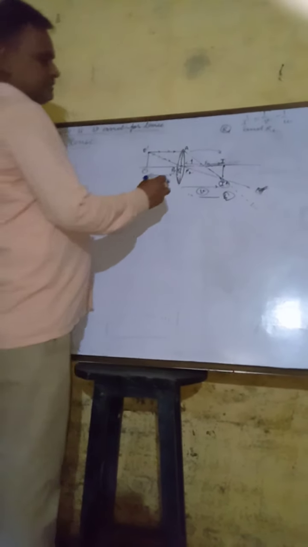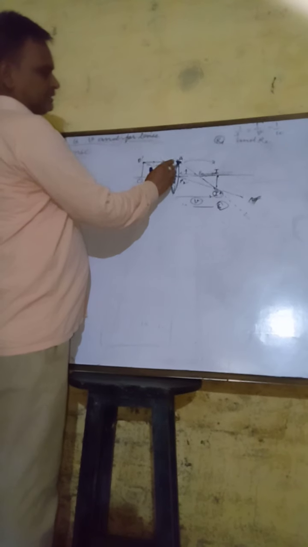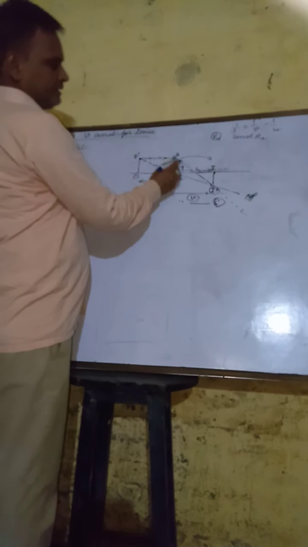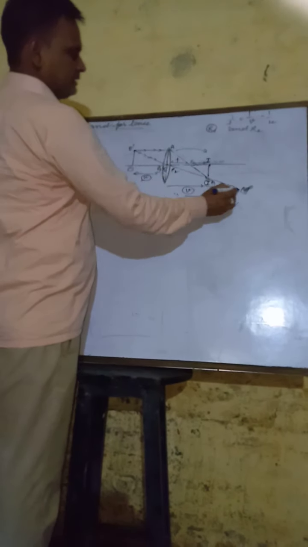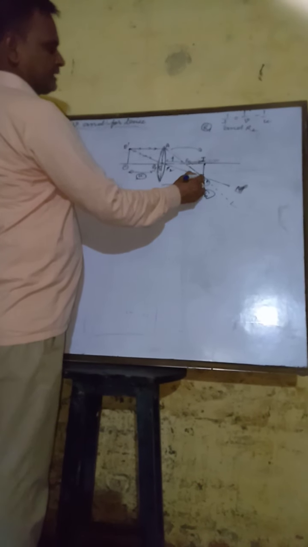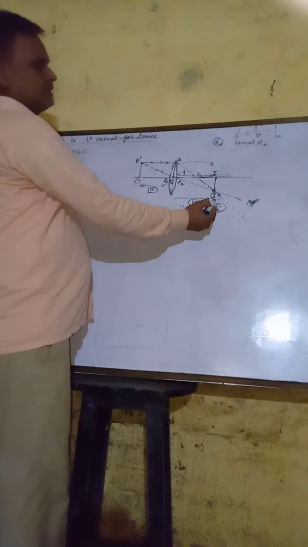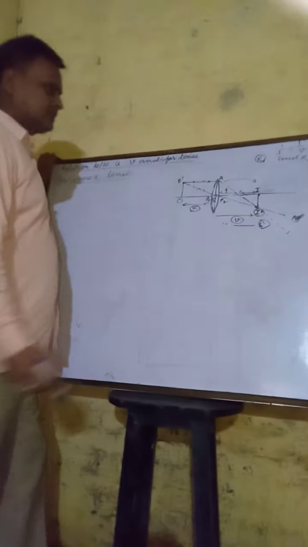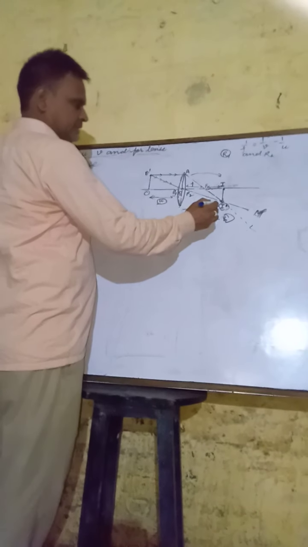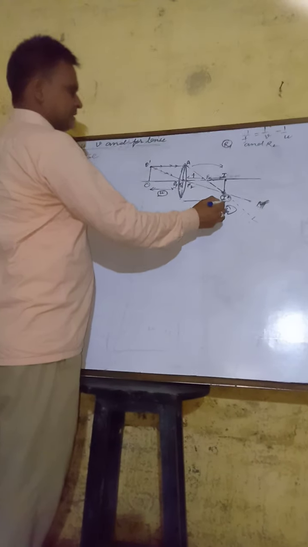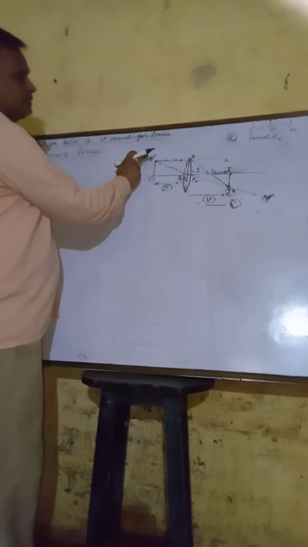These refracted rays AL and CM meet together at a point I dash. If we draw a perpendicular II dash on the principal axis, then II dash is the image of object O dash.